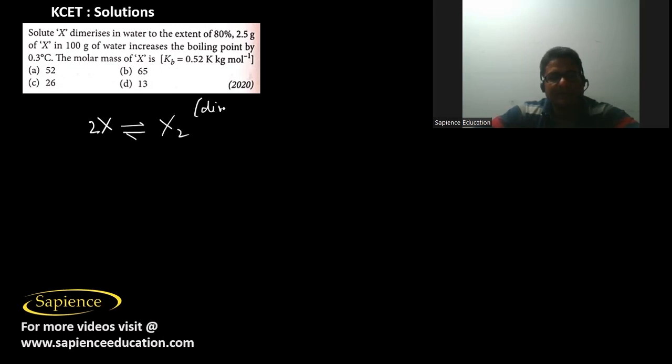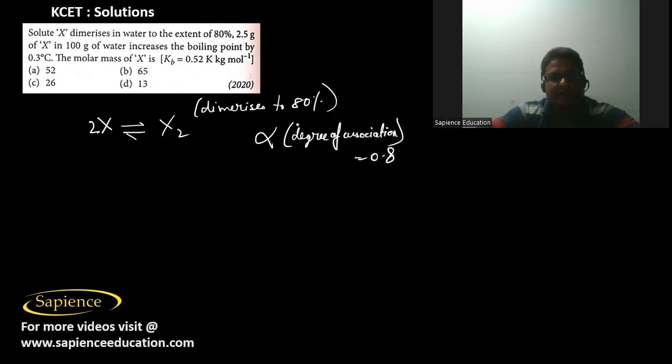Since it dimerizes to the extent of 80%, the degree of association alpha will be equal to 0.8.